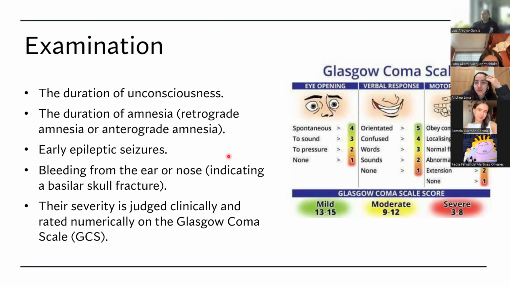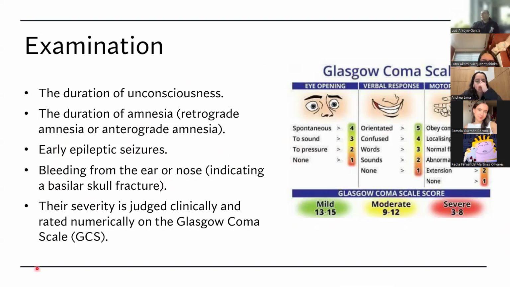So confusion is also very common, and you can also have epileptic seizures, for example. And the worst is when you're getting bleeding from the ears or nose. Those are basically the first things that the medical team needs to check on site.